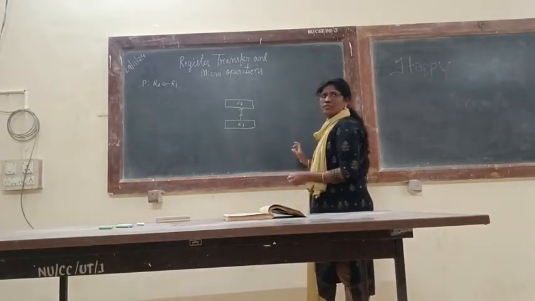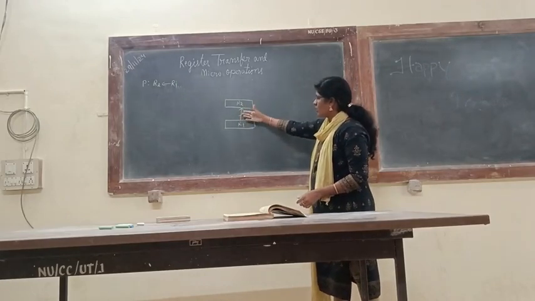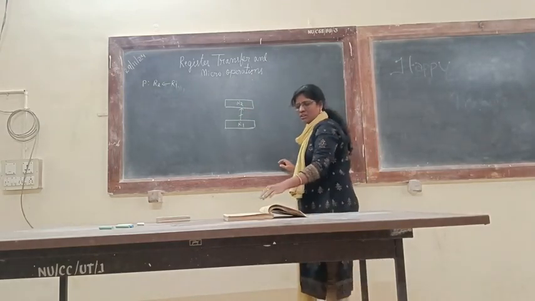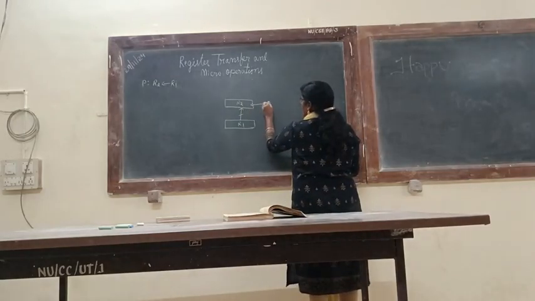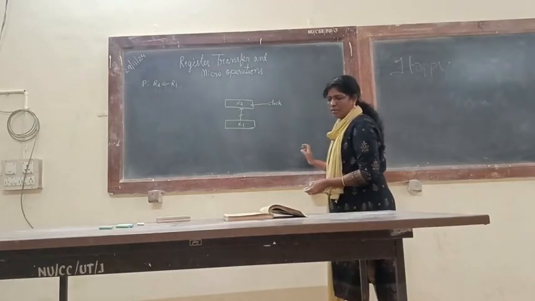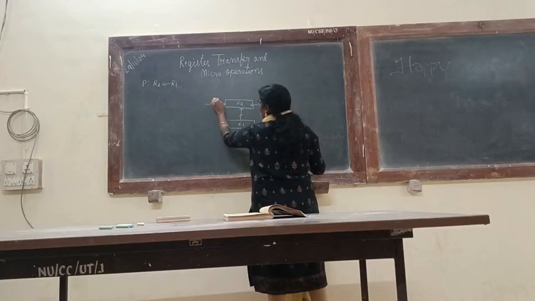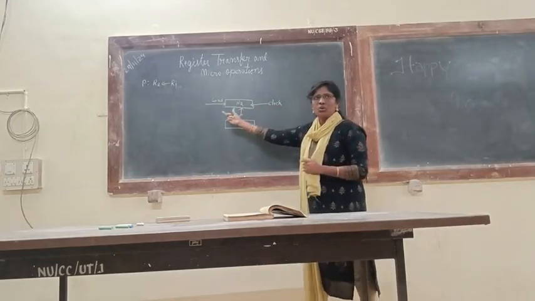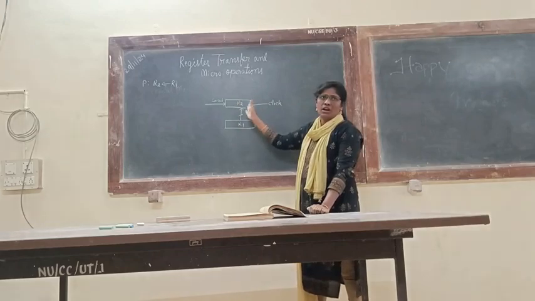This means more than one bit, or more than one line, is transferred to R2. Here the clock is enabled, and at the same time we have to enable the load operation. Then the R1 contents are loaded into R2.